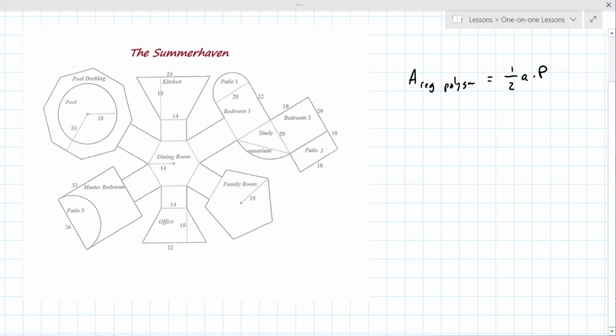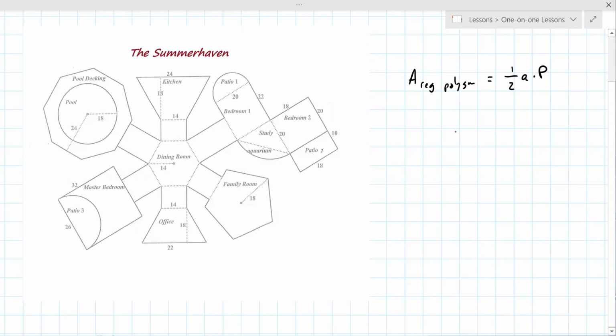Do you remember that formula? So the apothem is this value that goes from the center out to that point, and then we just have to find the perimeter. Now we don't have that, so that's not very helpful, but we can maybe find it.